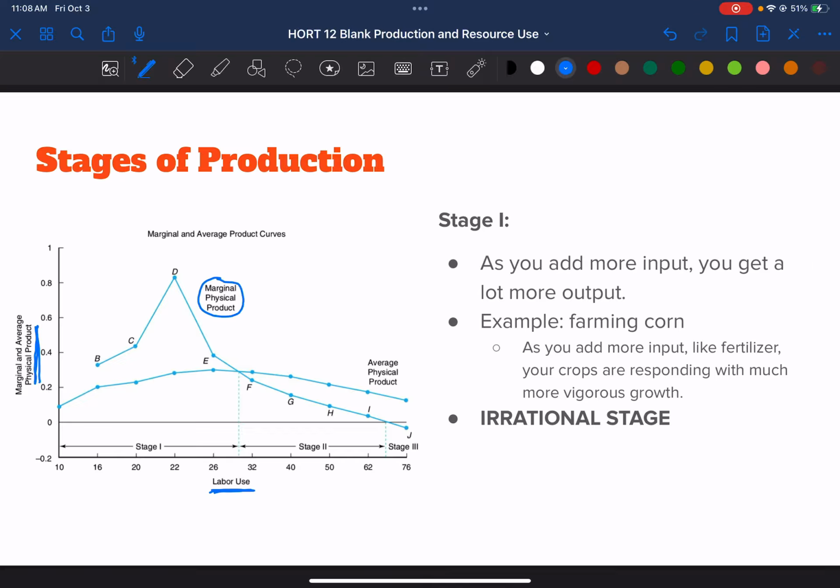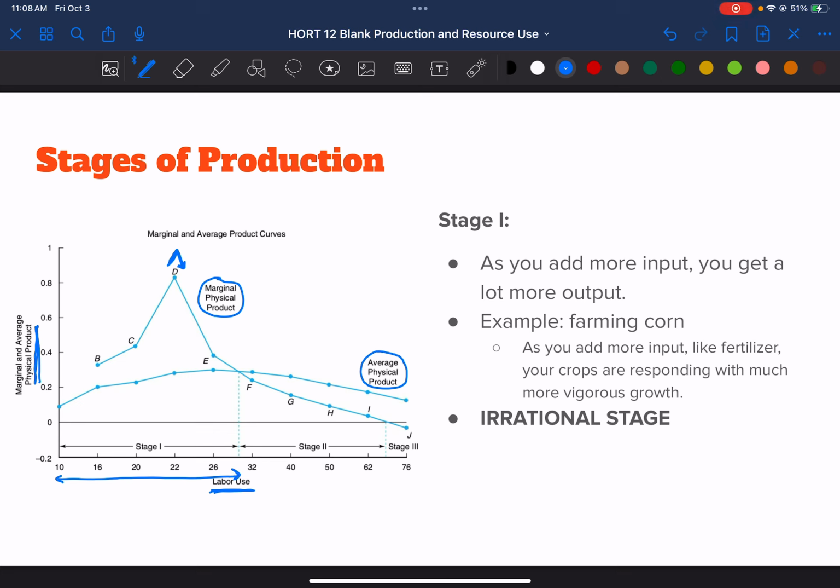Remember, this is the one that has the steep angle at the top, and then our average physical product curve. So in stage 1 of production, you're right here, you're between 0 labor use and this point right here.